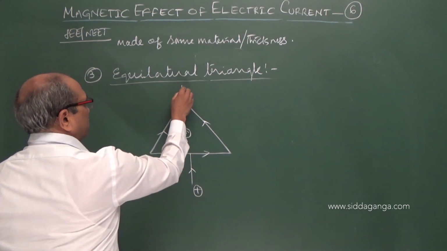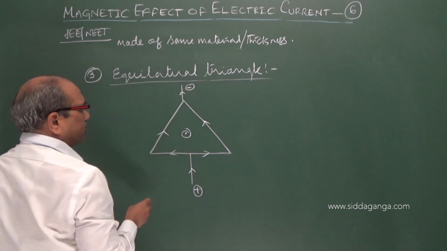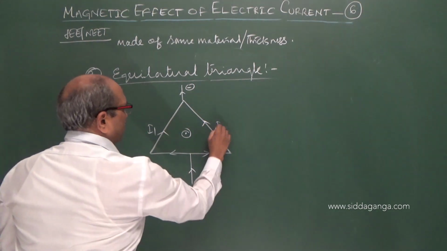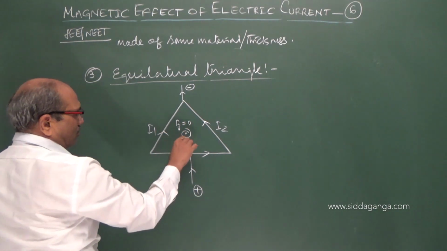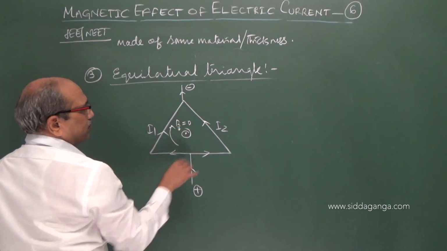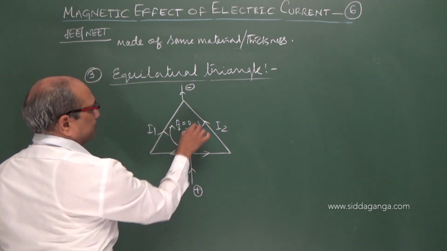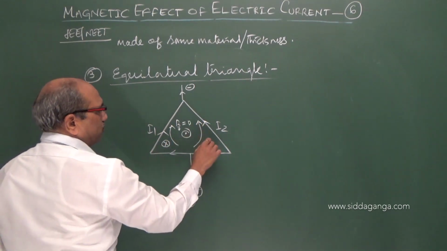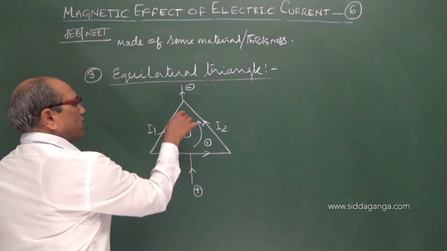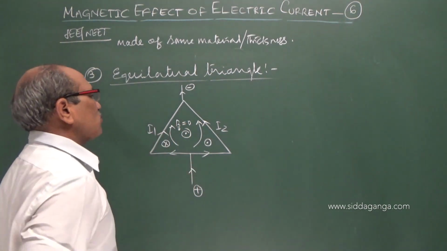Here the output is taken, minus. It may be I1 and it may be I2. The field at this center is 0, since you see it is clockwise, but it is anti-clockwise. This clockwise produces a field into the board, and this produces a field out of the board. The sum of the two becomes 0.